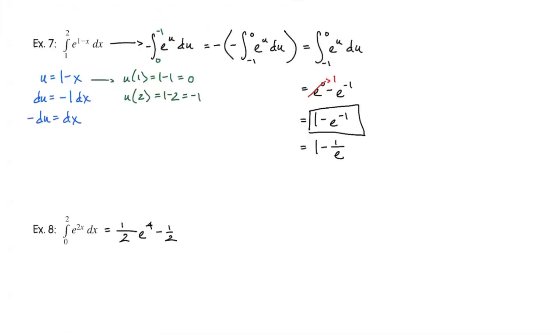Okay, so I got a question in the chat about why we didn't bring it back into X land. Because if I have bounds, I'm looking for a number. So I can go from X land to U land and back to X land, or I can just change everything to be in U land, and then I don't need to change it back anymore.